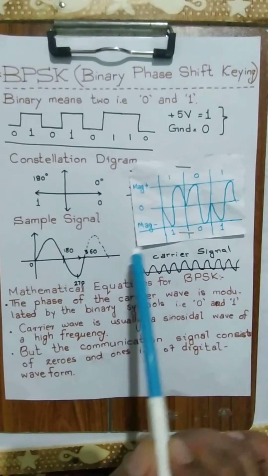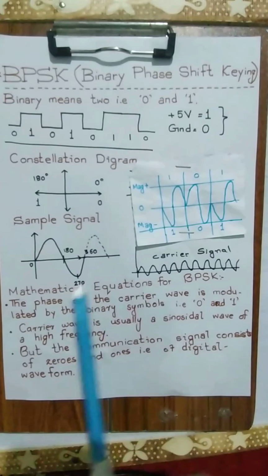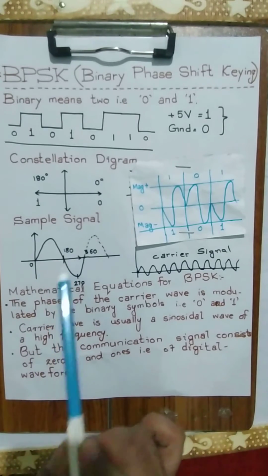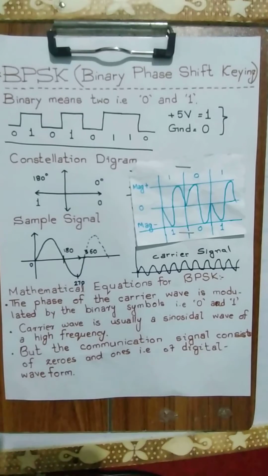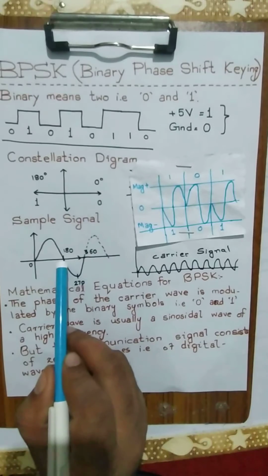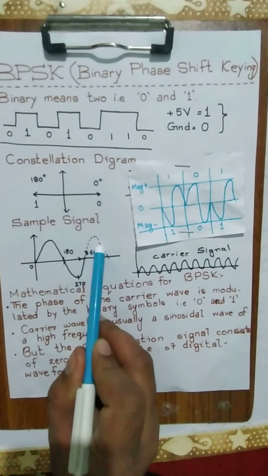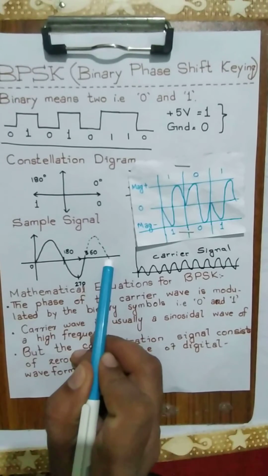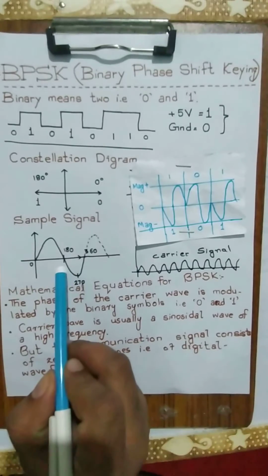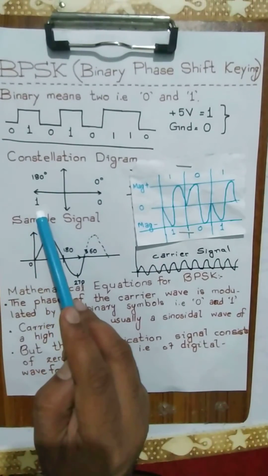So what will happen when there is 1? When there is 1, our sample signal will start from 180 like this, and will go to this point. We have to complete the signal. As we know that in the constellation diagram, 180 degree denotes 1.